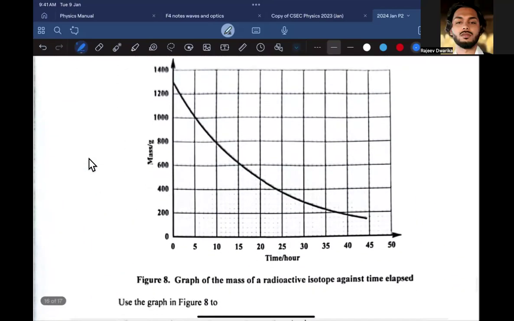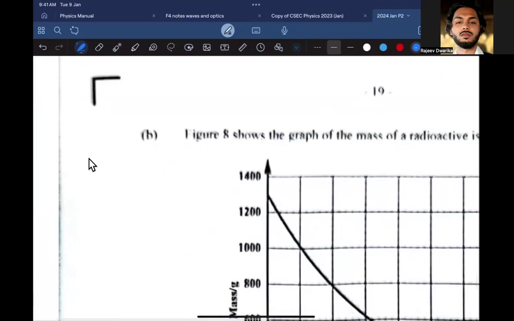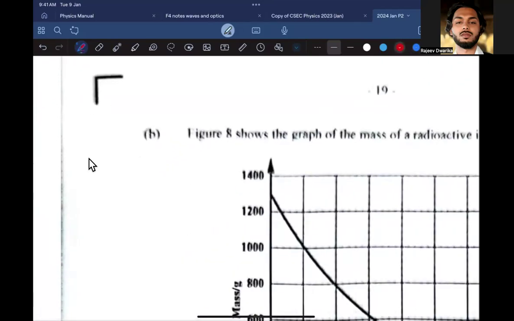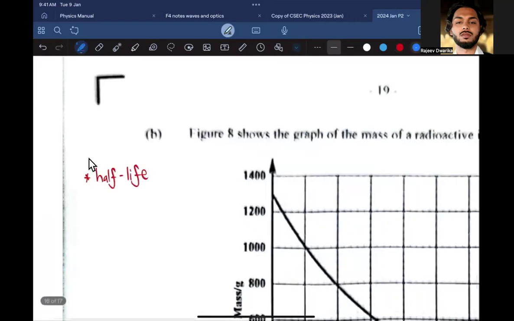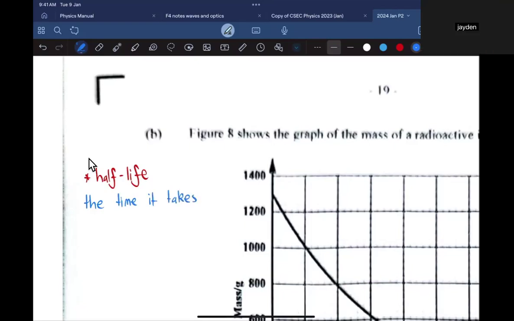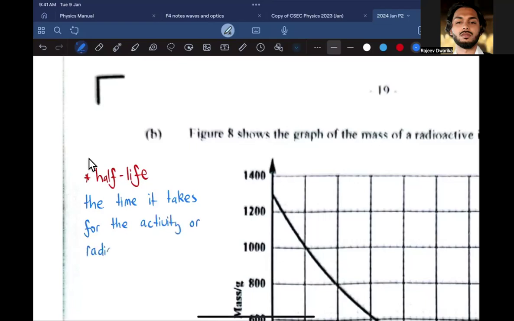The main thing you had to know with these questions is what half-life is. Half-life is very simple. It's just the time it takes for the activity or radioactive mass to be halved.